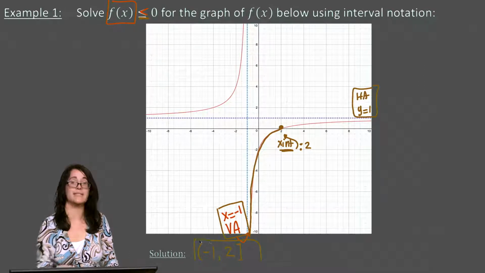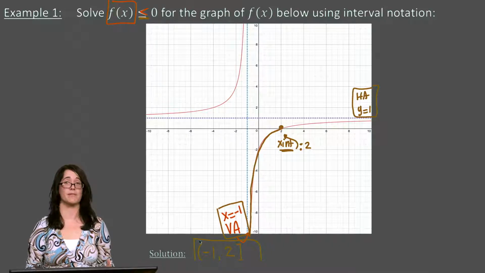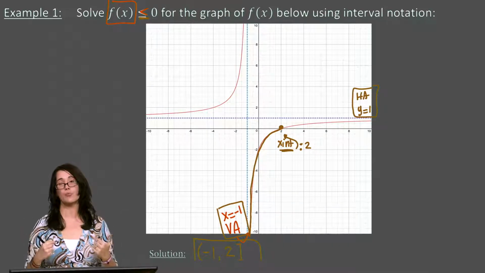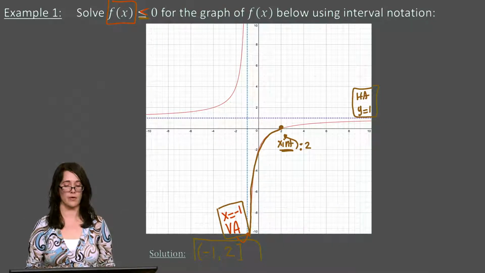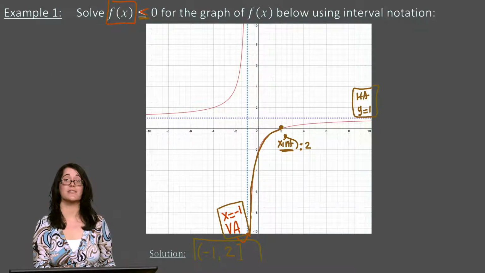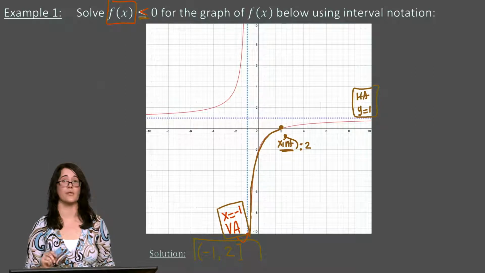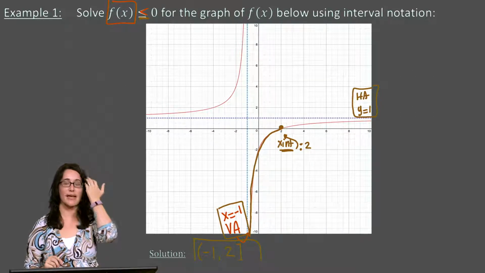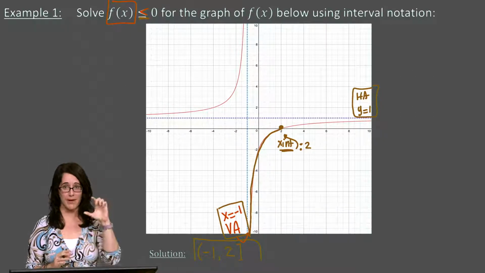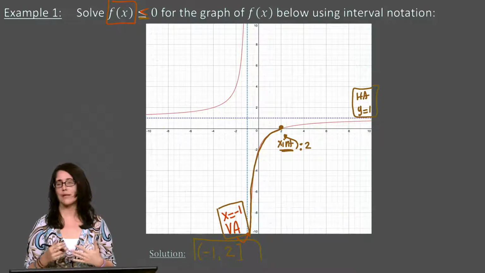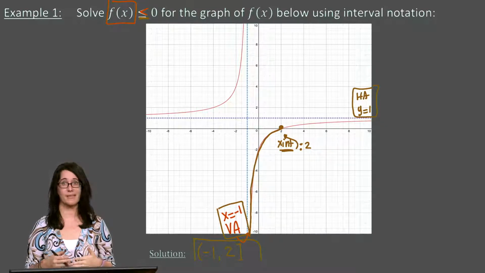So our solution set, the possible x values or inputs that would give us outputs which are less than or equal to 0 would be any x value between -1 and 2, including 2, but not including -1. And again, the reason -1 must be excluded with the parenthesis instead of the bracket would be because it's a vertical asymptote. It means an input which would create a problem for our output.